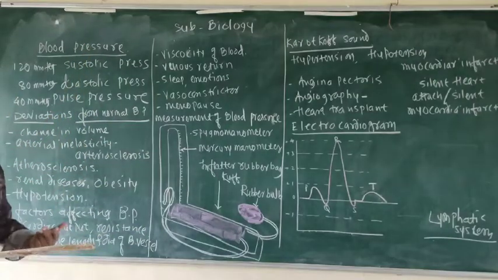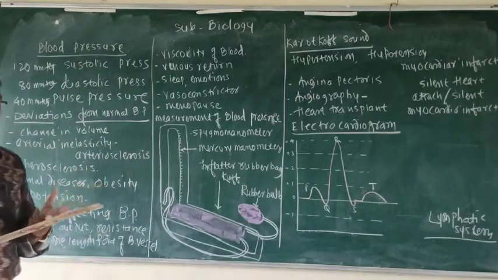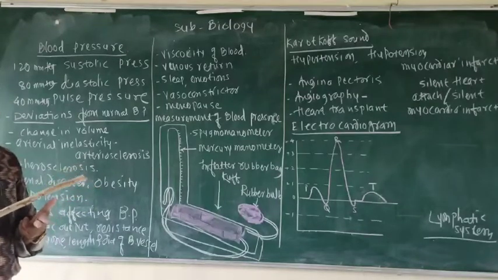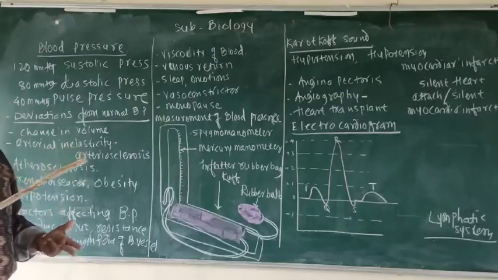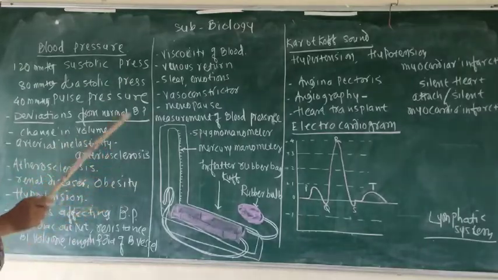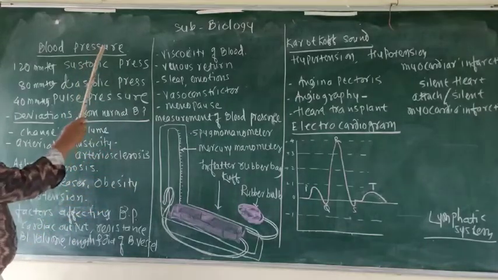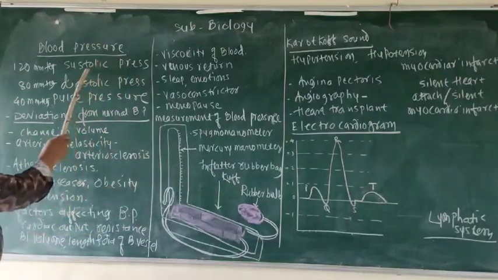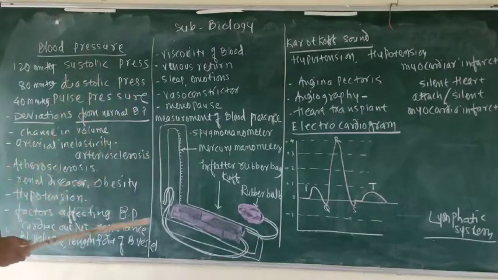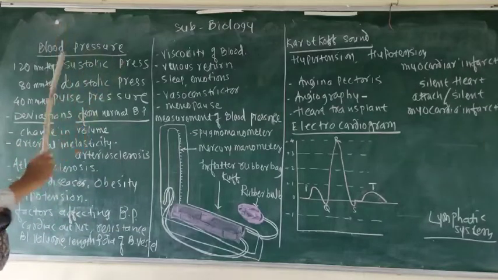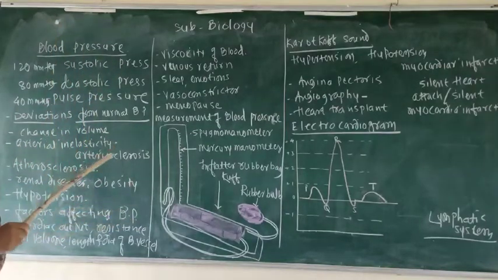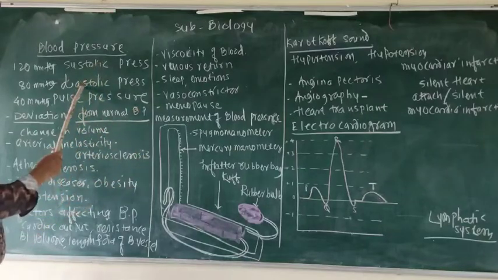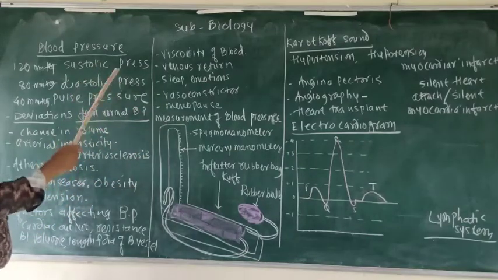We know there are two events, one is systolic and the second is diastolic, occurring per heartbeat in the cardiac cycle. The pressure created by the blood on the wall of the artery at the time of ventricular systole is called systolic blood pressure, and the pressure exerted by the blood on the lateral wall of the blood vessel during ventricular diastole is called diastolic pressure.